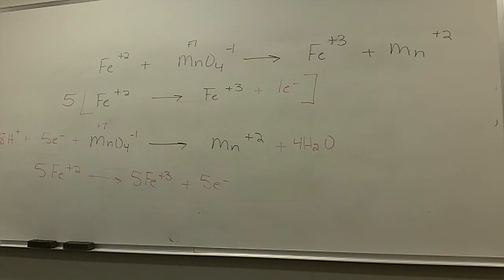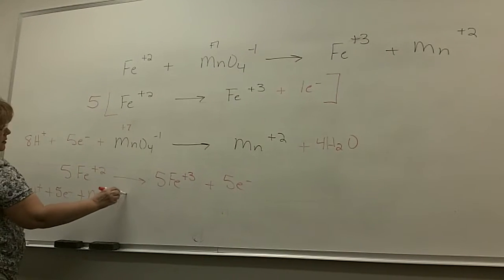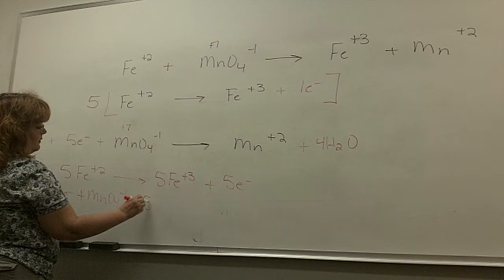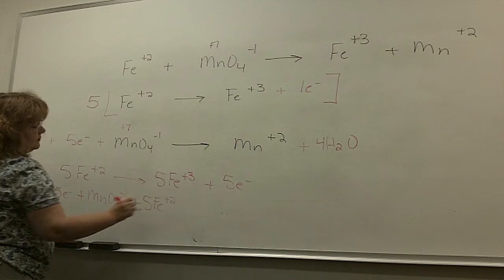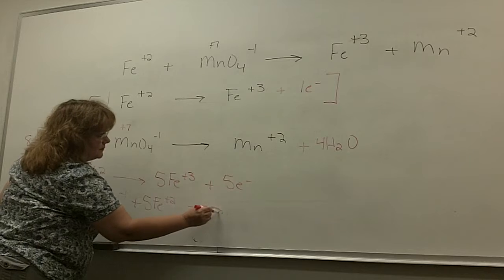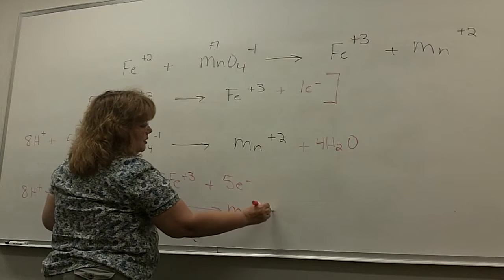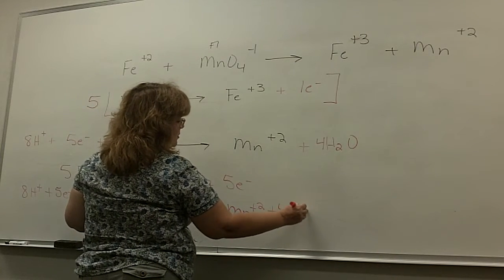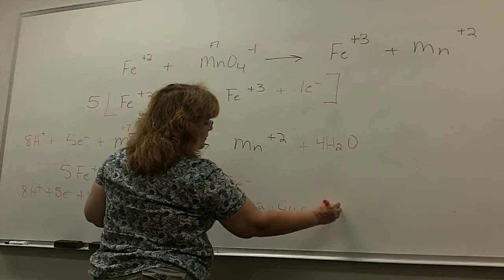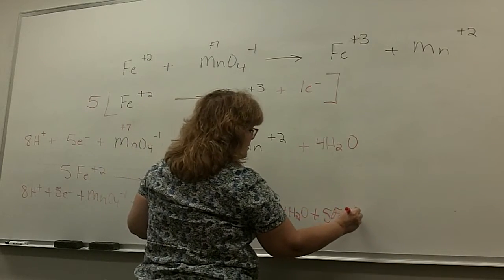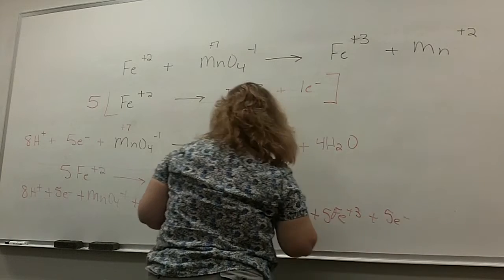Then we just add everything. So 8 hydrogens plus 5 electrons plus MnO4 plus 5 Fe plus 2 yields Mn plus 2 plus 4 H2O plus 5 Fe plus 3 plus 5 electrons.